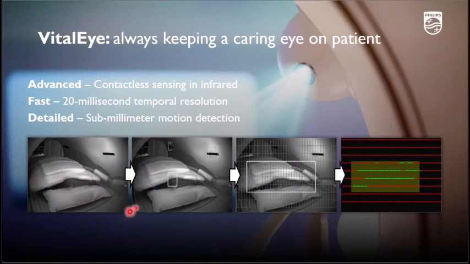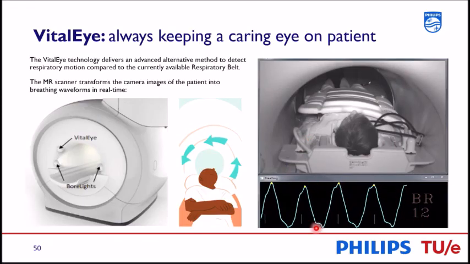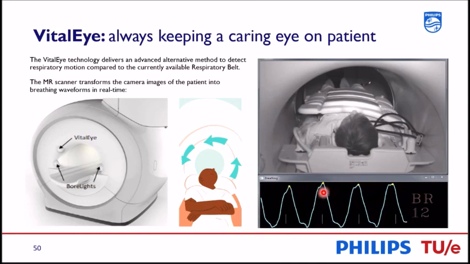So this is the view of the VitalEye. It will do automatic scanning of the patches and find the ROIs that contain the respiratory energy, so it does not require the operator to define the ROI. And this is how it looks inside.